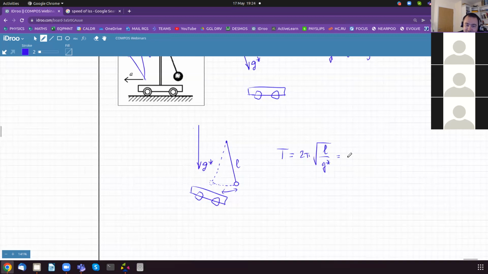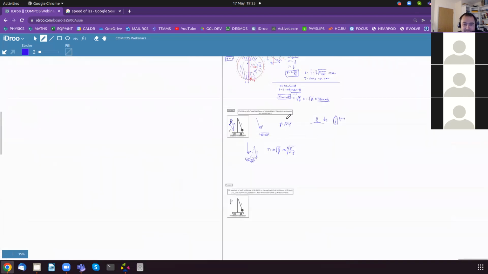So it's going to be 2 pi times L over the fourth root of a squared plus g squared.